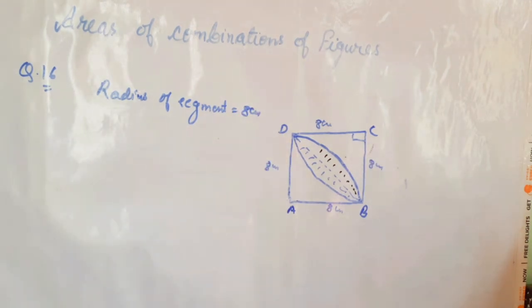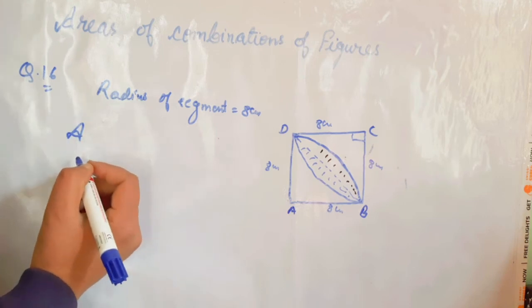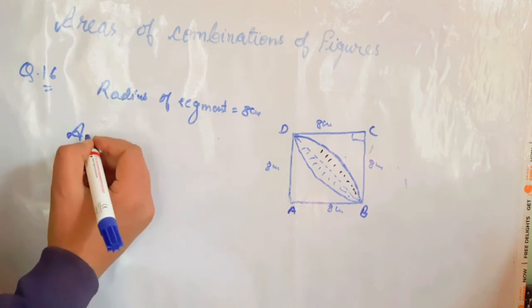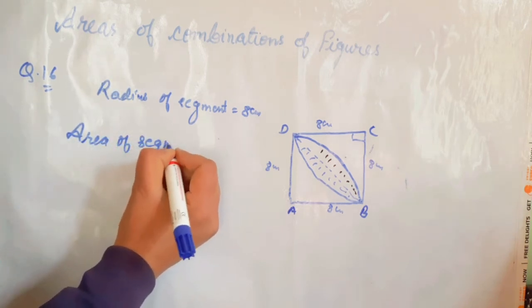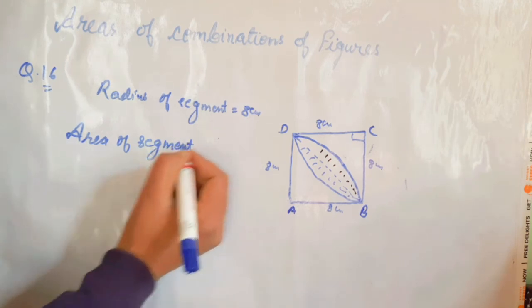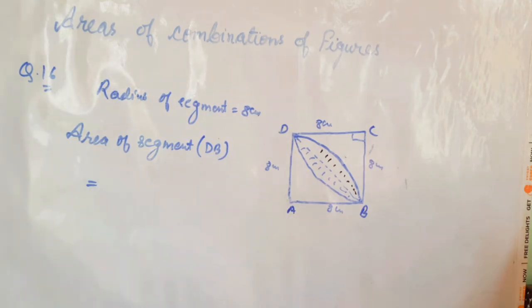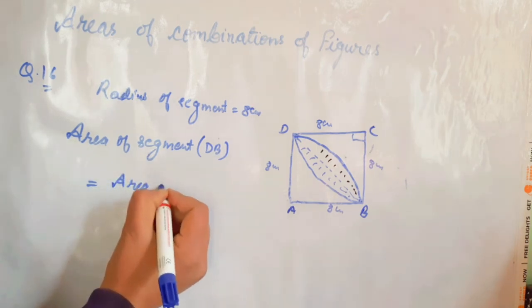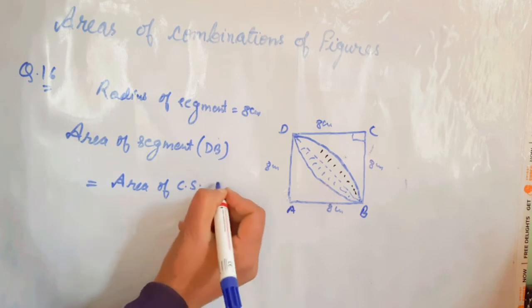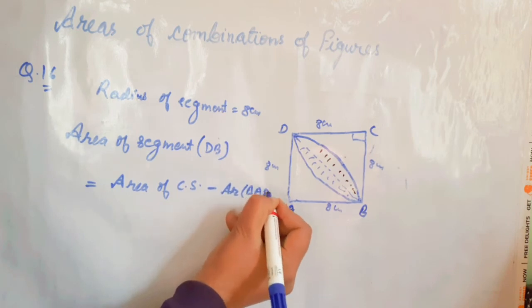Now let us calculate the area of segment first of all. So area of segment ADB, or you can say DB, will be equals to, now you know the formula, this is equals to area of corresponding sector minus area of triangle ADB.